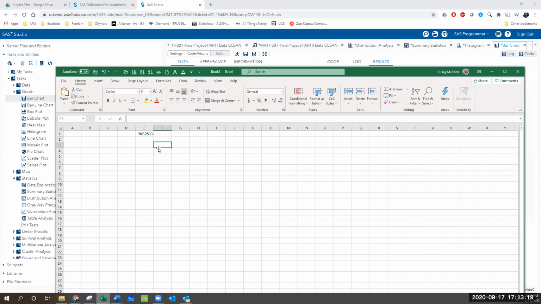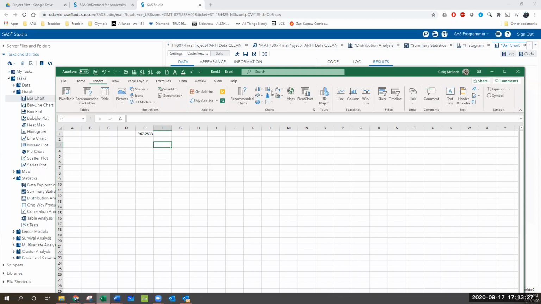Once you have the values and their probabilities, then you can insert a graph. You can insert a bar chart.